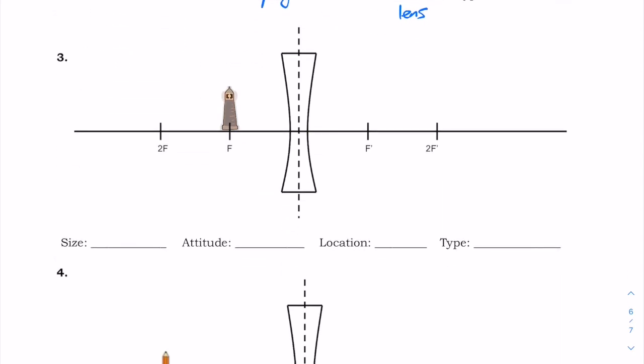What happens when we place the object on F? Let's find out. Here's our first ray of light, parallel to the optical axis, parallel to the principal axis. It refracts and appears like it came from F. Okay, and here's the second one.